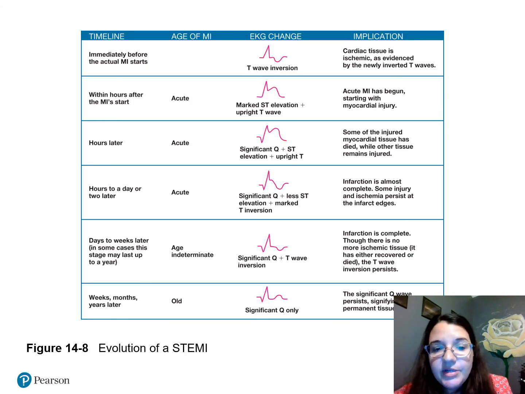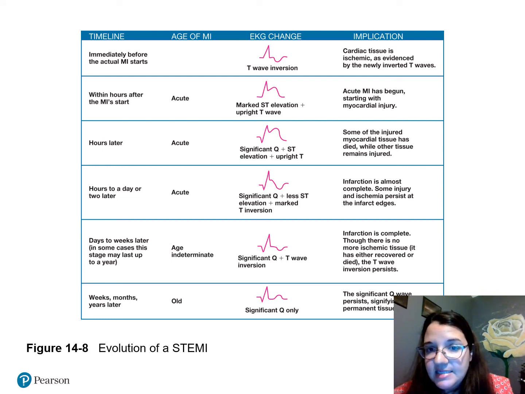So if you look here, I'm on the first column for timeline, and we're going to look at the age, the EKG change, and what implication we might have. In the very first row, immediately before the actual MI starts, my T wave is going to be inverted.